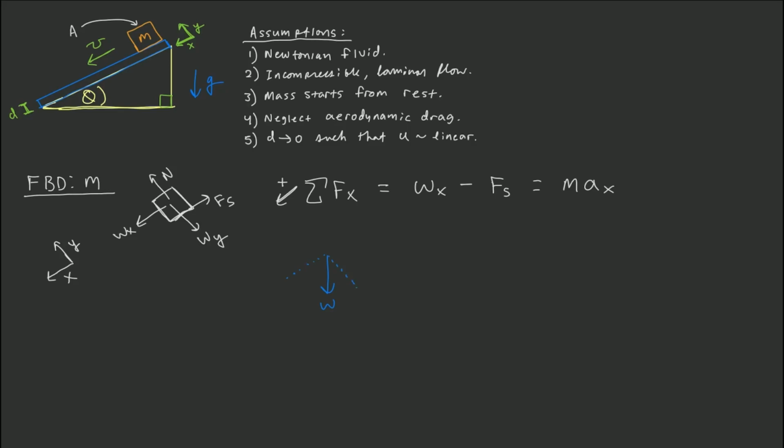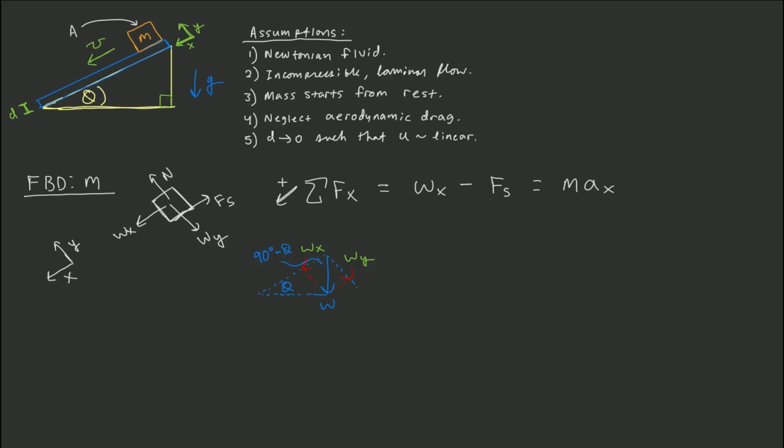So if we decompose this weight along those axes, just like that, then we'll have this is the weight in the y, and this is the weight in the x. At this point, if you project out this a little bit more and then connect it to the weight, you'll just notice that this right here is theta, which means that this is 90 degrees minus theta.